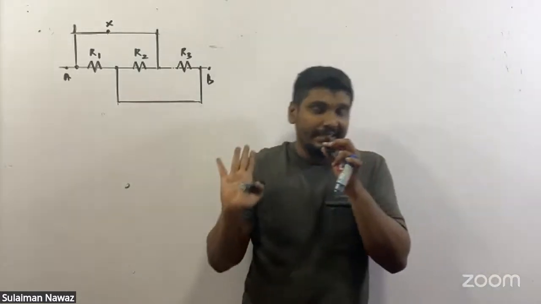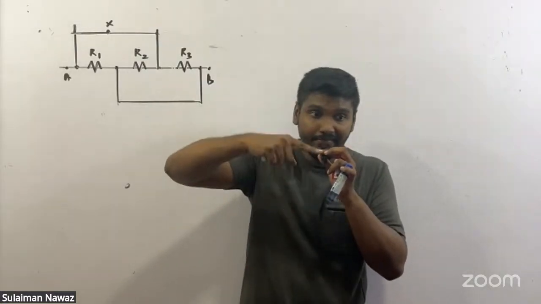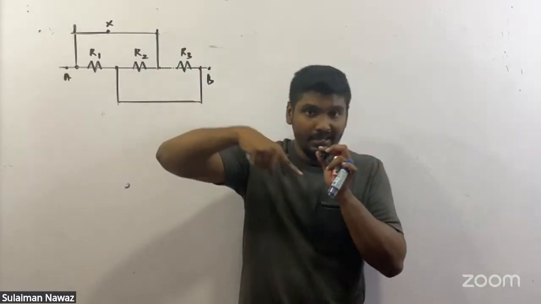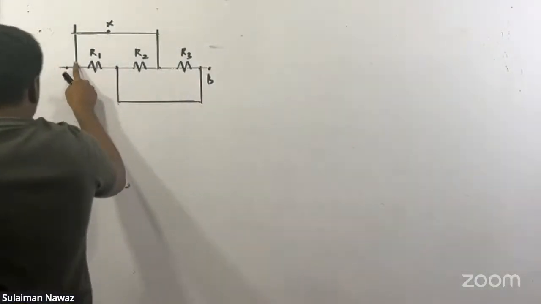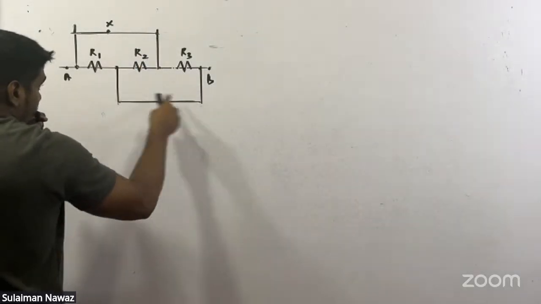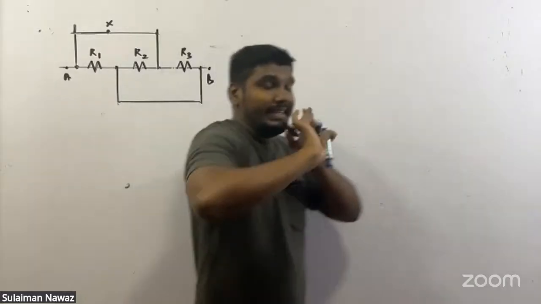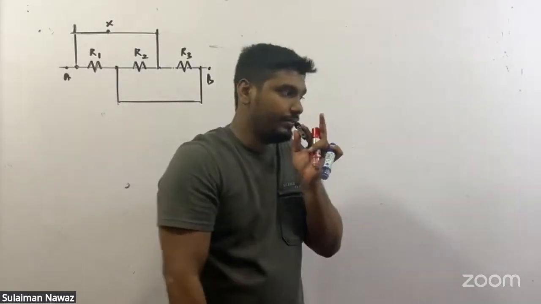Till they meet resistance in a conductor. These lines are zero resistance wires, right? So till they meet resistance, all those points should have same voltage.